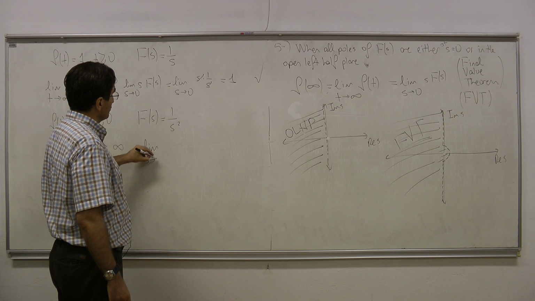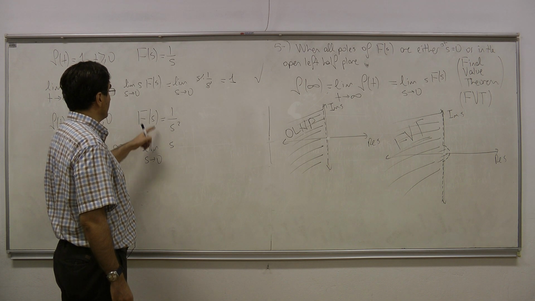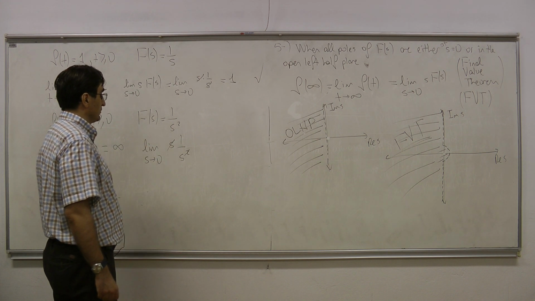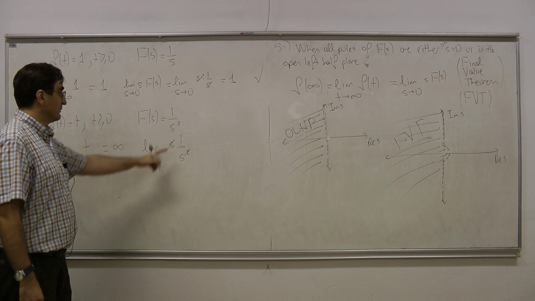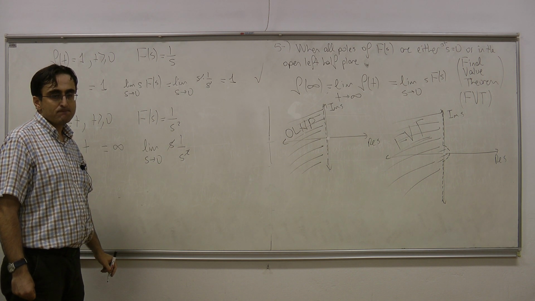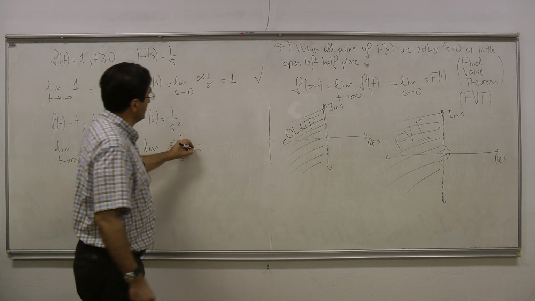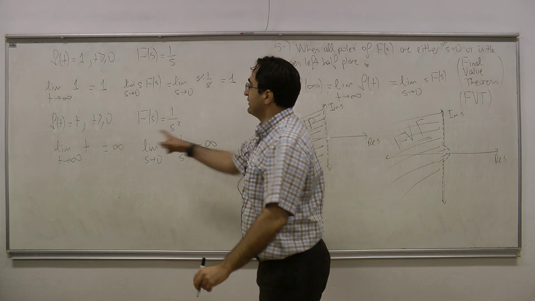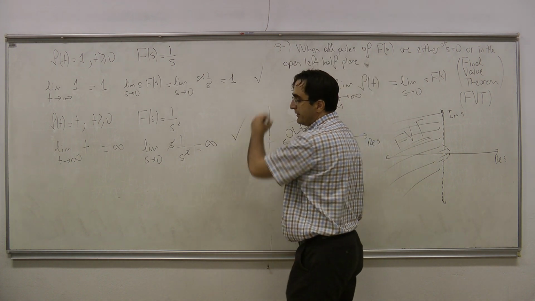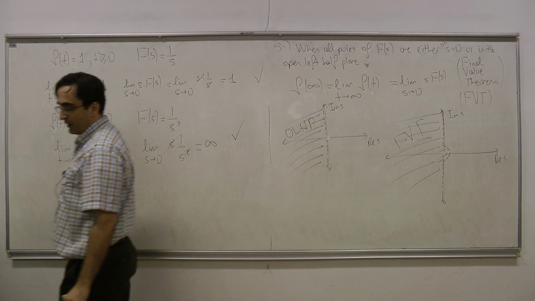The limit as s goes to 0 of s times F of s. F of s is 1 over s squared. So this s is cancelling one of the s's in the denominator. So I would have 1 over s as s goes to 0. Okay? This is also infinity. And there is a match between these two values again. So the final value theorem is actually holding.